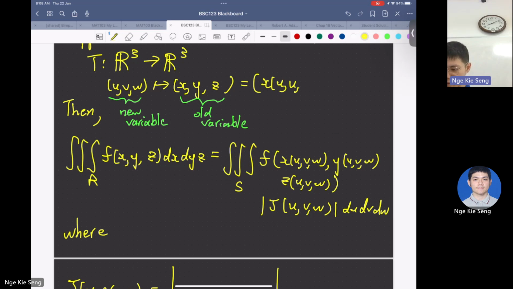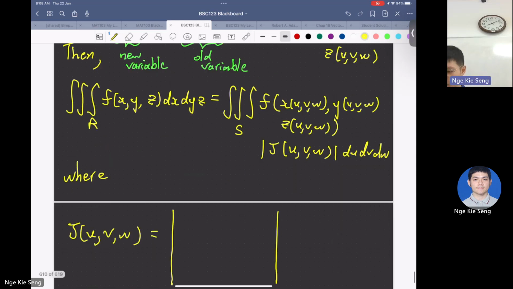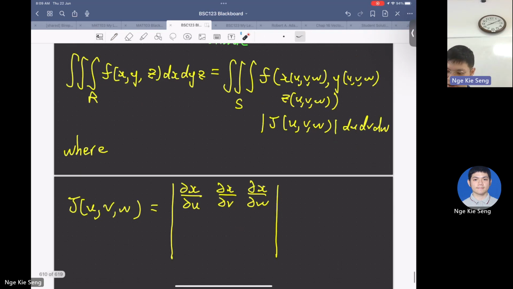So x in terms of U, V, W, Y in terms of U, V, W, and Z in terms of U, V, W. So you need to differentiate all your old variables with respect to your new variable, or the codomain variable with the domain variable. So you arrange your codomain variable using the row, and then arrange your domain variable using the column.